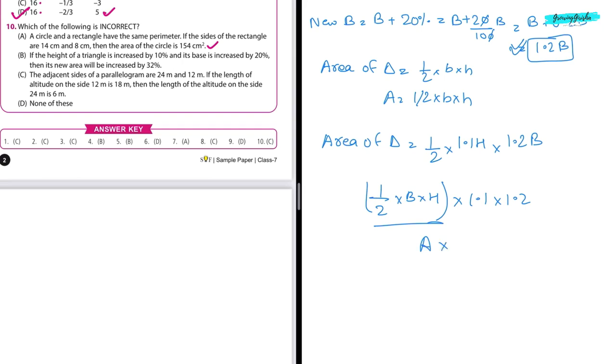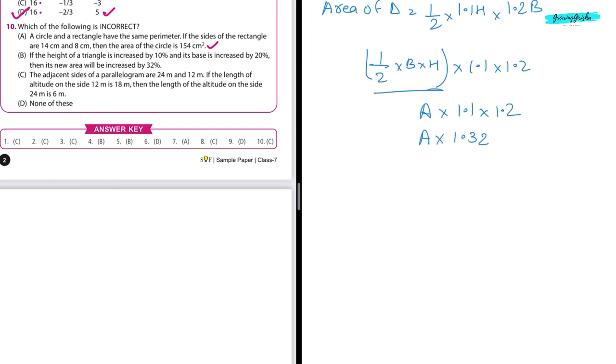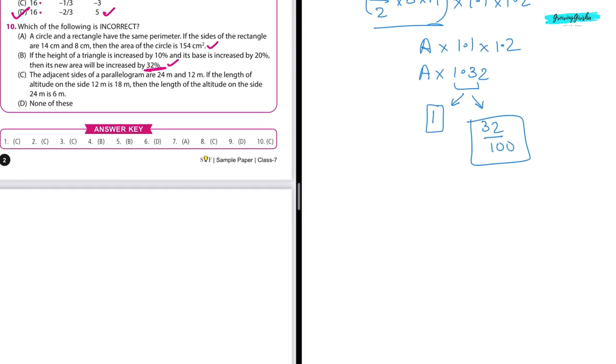I can write this as A into 1.1 into 1.2. A into 1.1 into 1.2 is 1.32. Break 1.32 into two parts. 1 and other is 32 upon 100. 1 means 100% of the original and 32 upon 100 means 32% more. That means the area will increase by 32% more, which is said in option B. So option B is also correct.